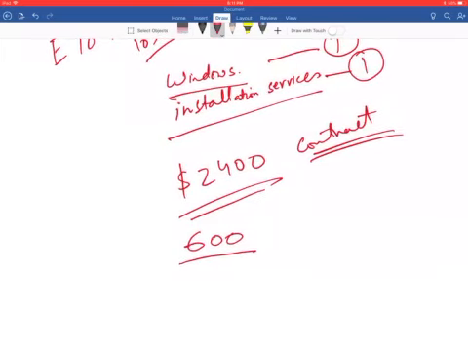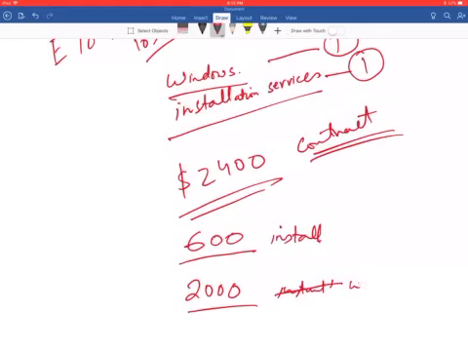That's the main idea behind these questions. The standalone price for installation is $600, and the customer pays Jarrett's $2,000, which equals the standalone price of the windows. So for installation it's $600, and for windows it's $2,000. These are standalone prices.